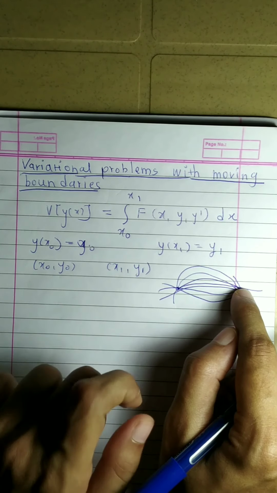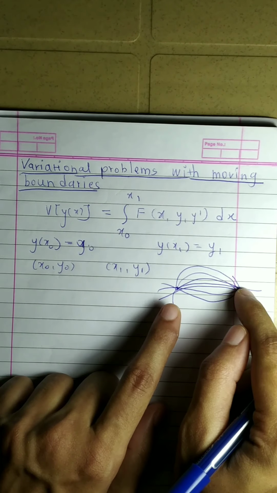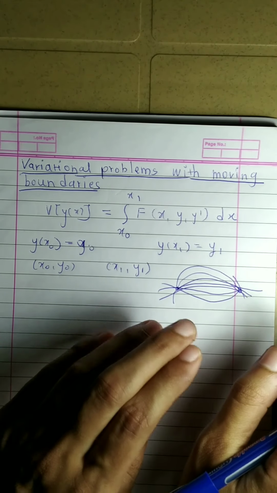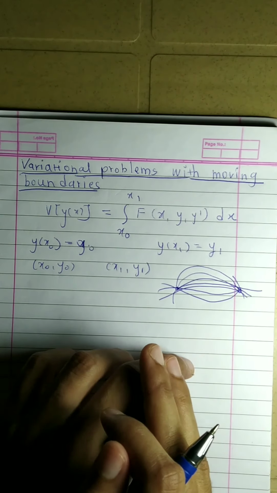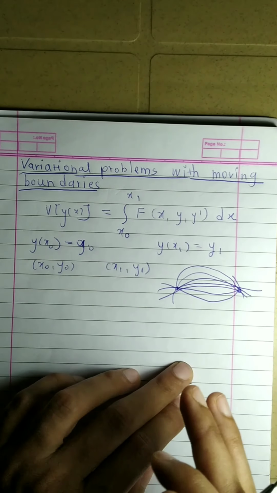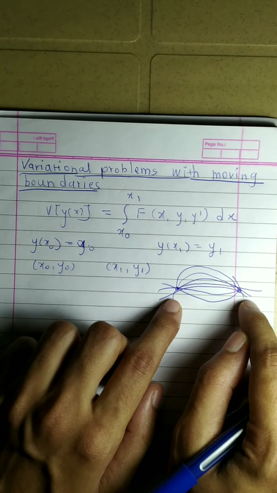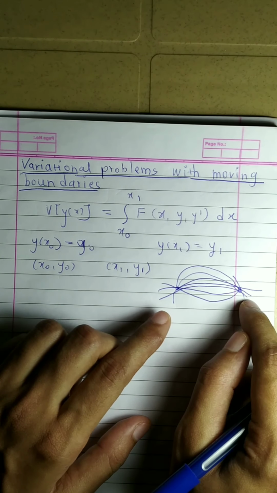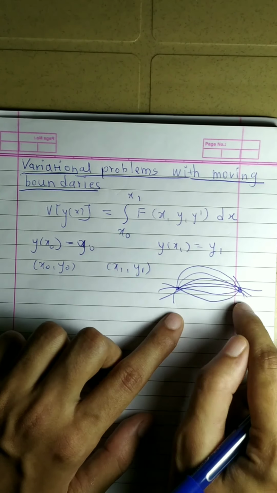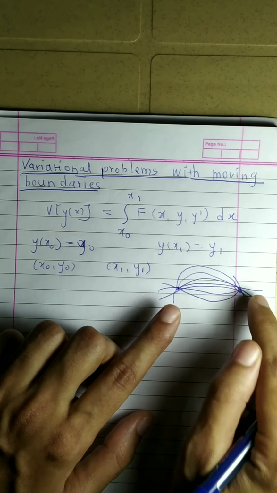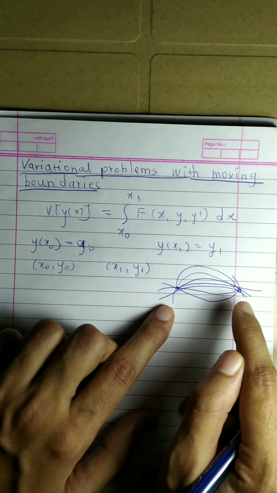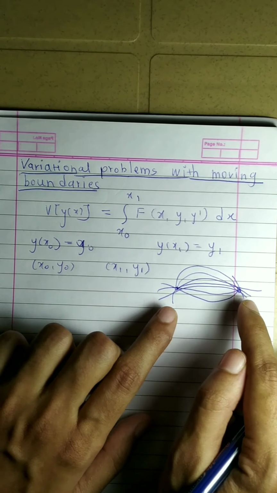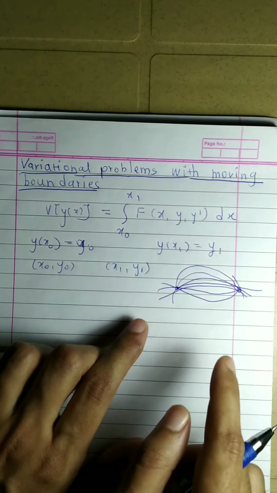Now what we will do is consider that either one or both the endpoints are moving. Till now, in those problems the 2 endpoints were fixed. So now let us suppose that one or both of the boundary points can move. When I say the boundary points can move, how are they moving? Is it like they can move anywhere they want?